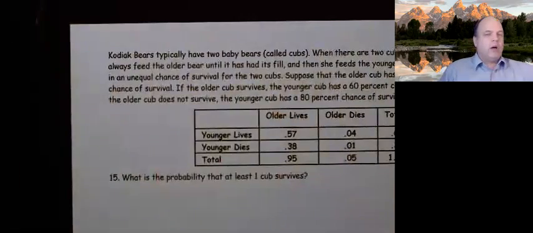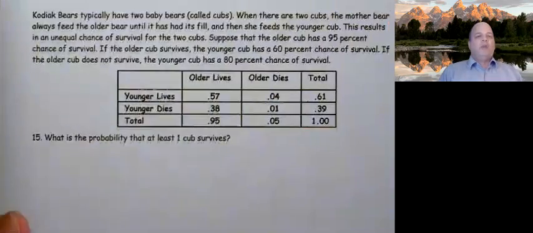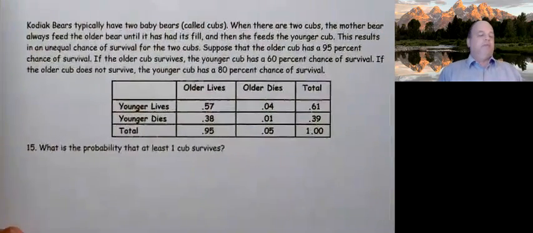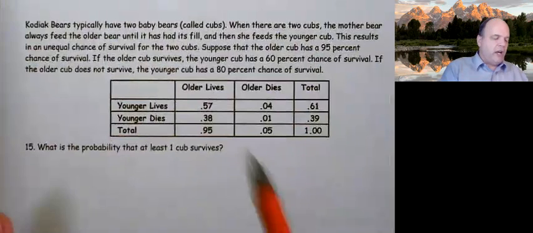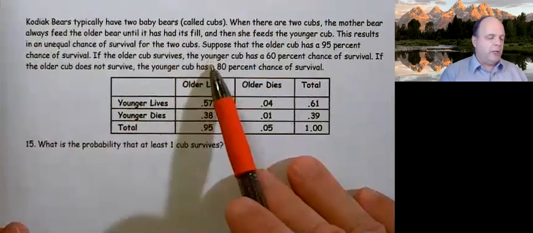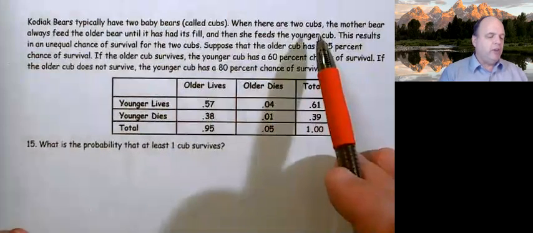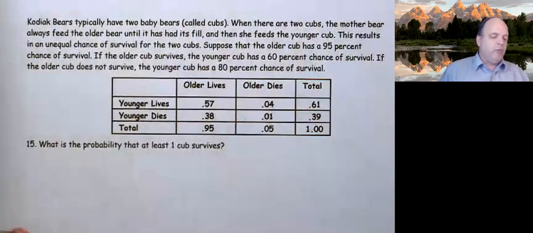And then we're off to number 15. Once again, this is very similar to the problem that they had on the first test. The numbers were changed. And also these numbers are fake. These do not apply to the Kodiak bears. But Kodiak bears typically have two baby cubs.